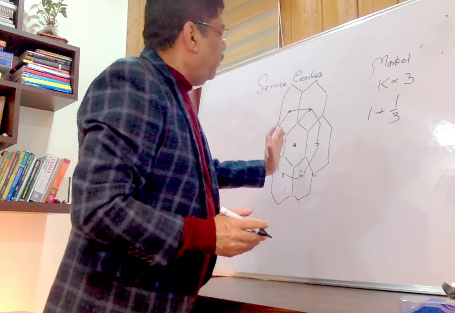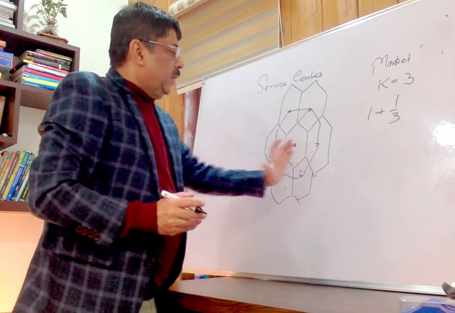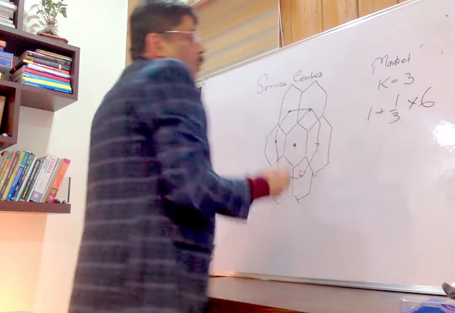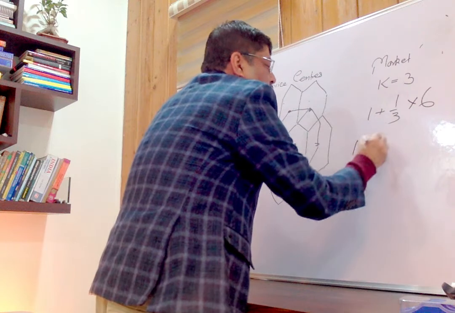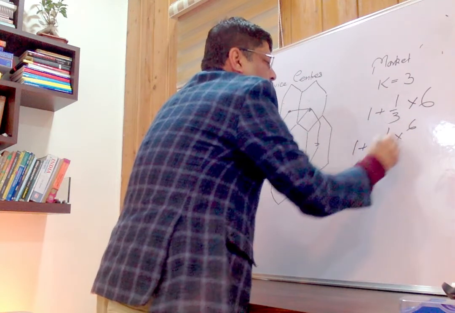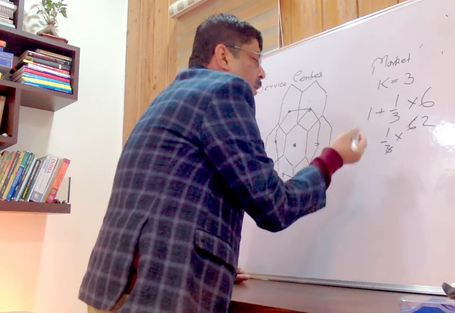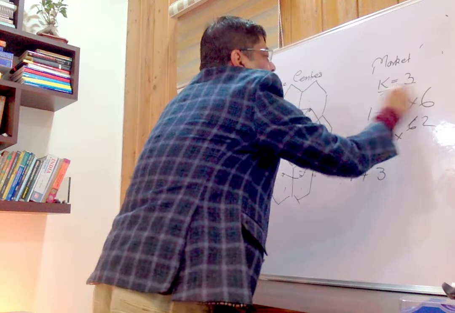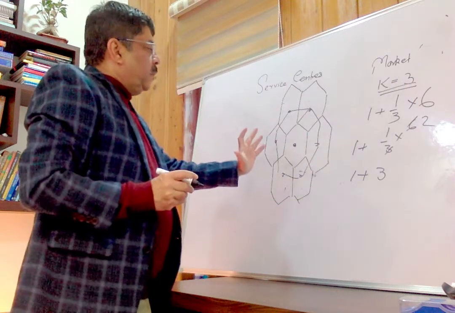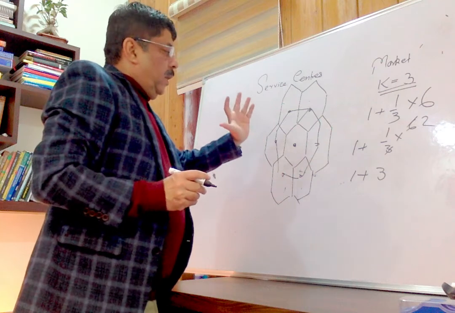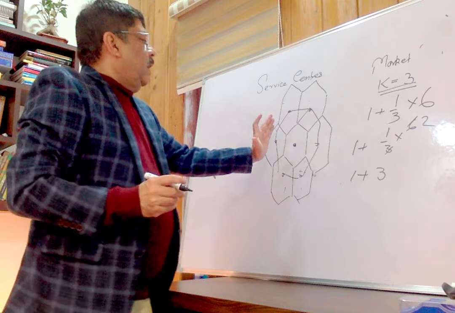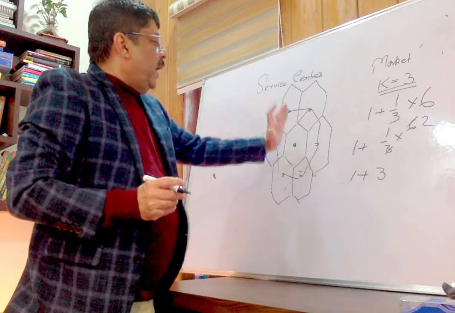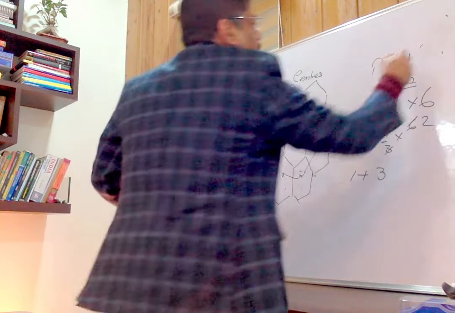How many hexagons are here? 6. So 1 plus 1/3 into 6, that is 1 plus 2, which is 3. So K value is 3 according to the market principle. Each higher order settlement will serve 1/3 of the next lower order settlement. That is the market principle.